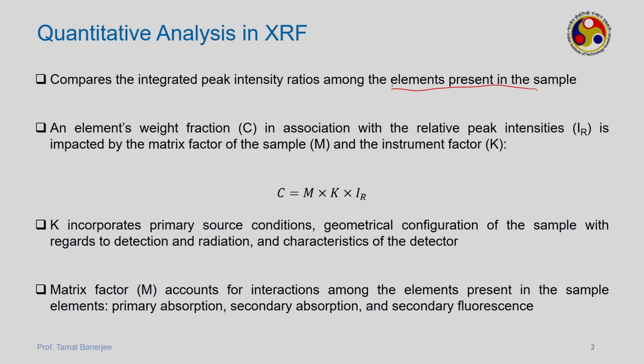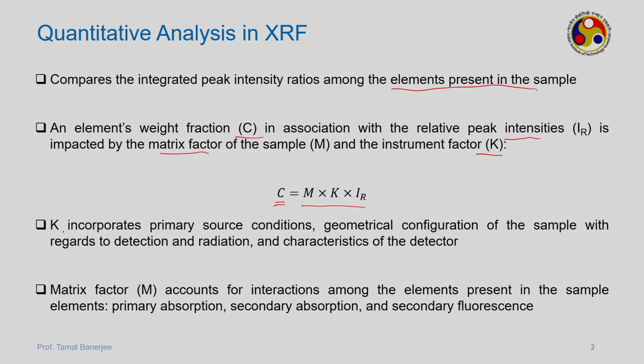Okay. So, C, the weight fraction of the element in a mixture, is associated with the relative peak intensity and is impacted by the matrix factor and the instrument factor. If I combine all these together, we have this expression: C is the product of M, K and IR. What is K?